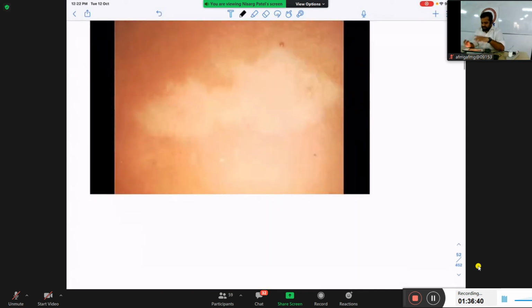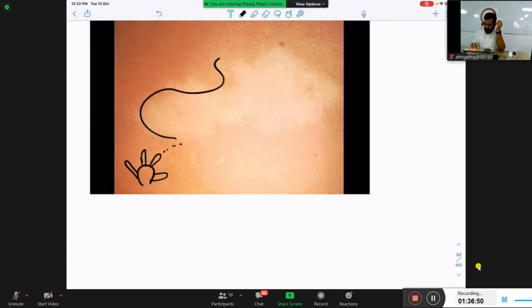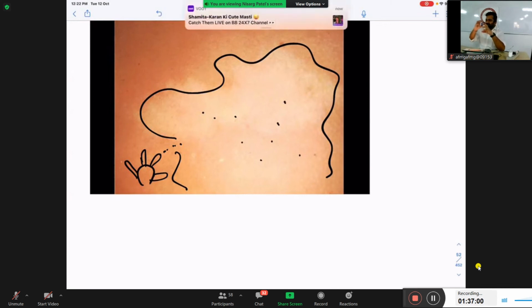What is happening here is that the underlying melanocyte, because of some defect in this area, is sending less melanin or melanosome, and because of this, naturally this particular 1 to 2 centimeter area has less pigmentation compared to the other areas of the skin.